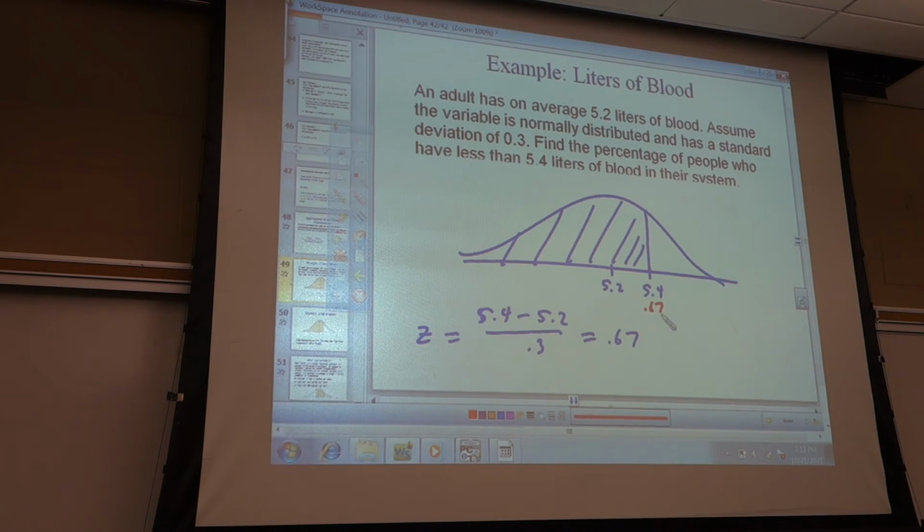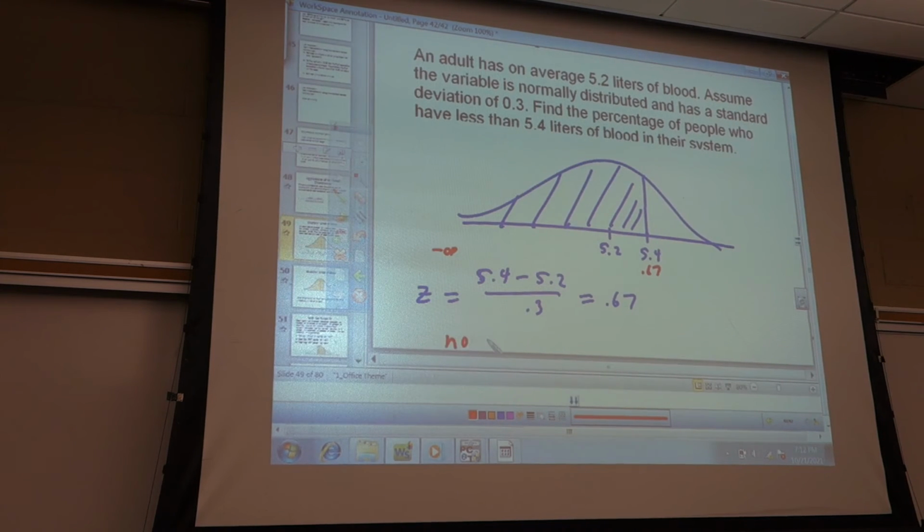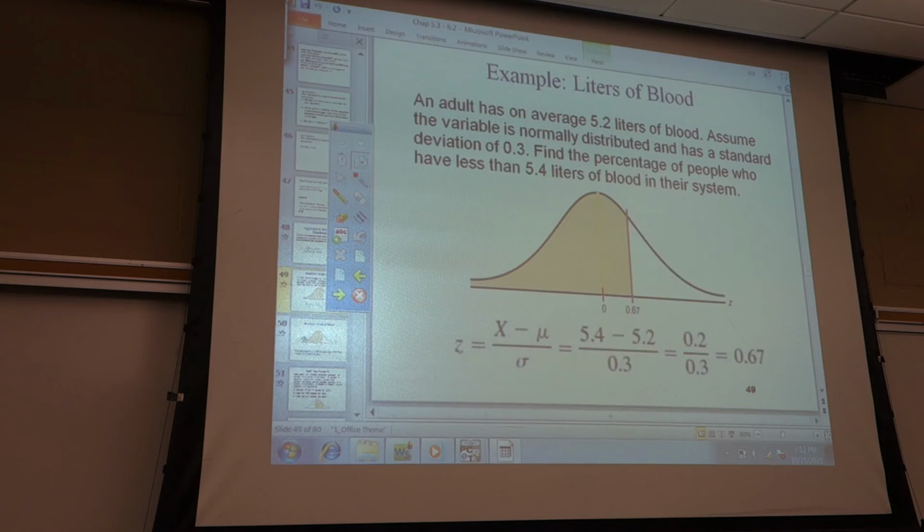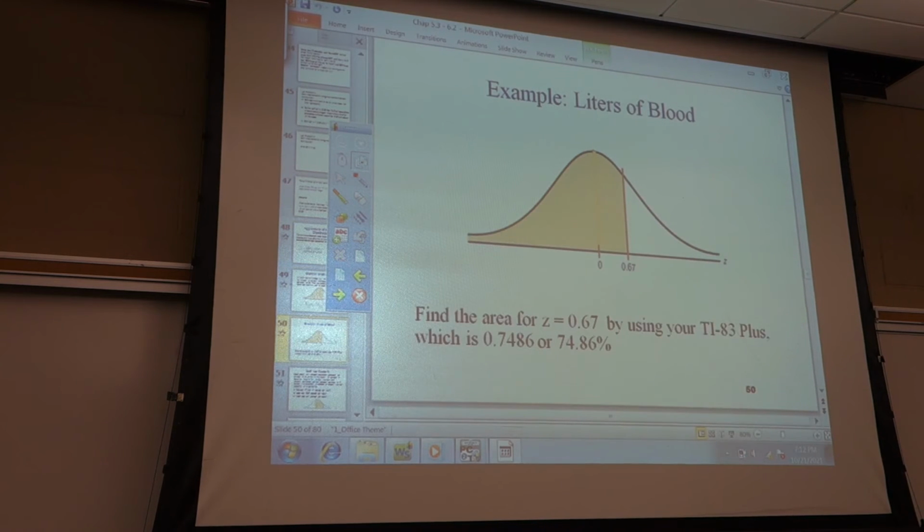It can be above it or below it, doesn't matter. Just another row where my z-scores are. And what's my z-score way, way, way over here? Negative infinity. Perfect. So I'll do normal CDF, negative infinity, negative 600, seems all right, comma 0.67. And if I do that, I will get, magically, boom, 0.7486. Good?